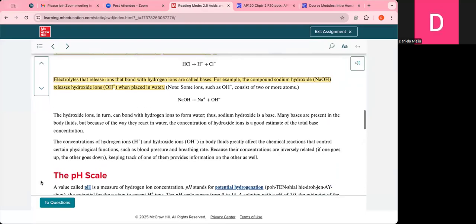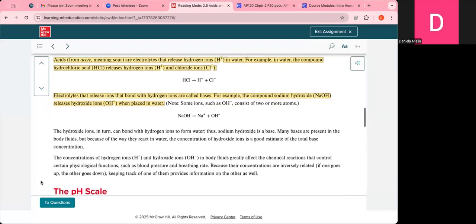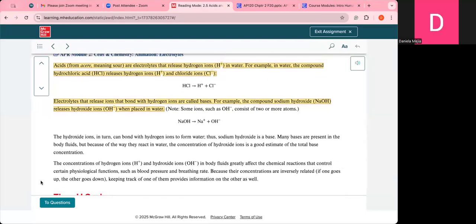So here it says the hydroxide ions in turn can bond with hydrogen to form water. Thus, sodium hydroxide is a base. So here's the second, you see the second yellow part? So acids are electrolytes that release hydrogen, and electrolytes that release ions that bond with hydrogen are bases.